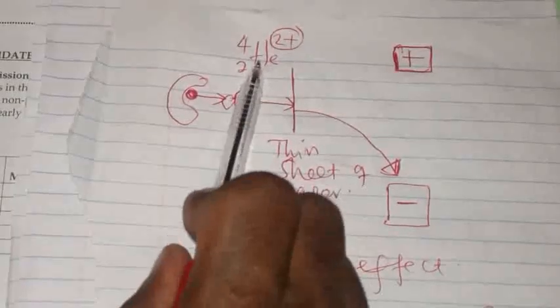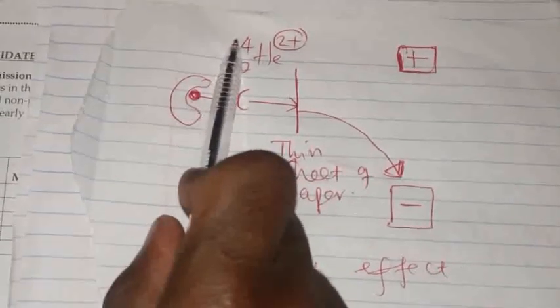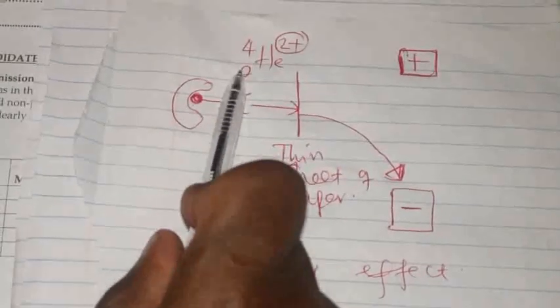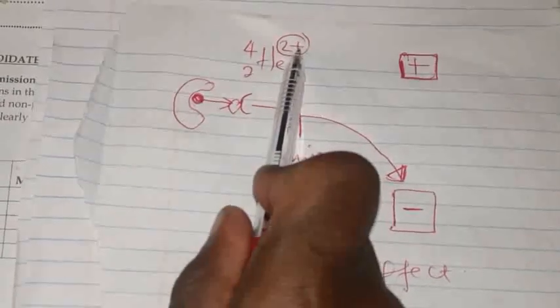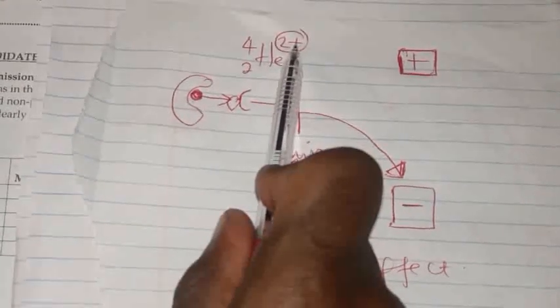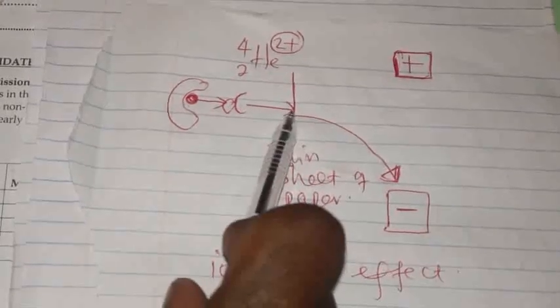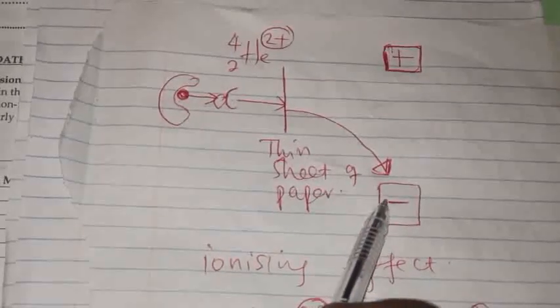So 3 properties to remember as far as alpha particles are concerned. We've said an alpha particle is a helium nuclide that has the largest mass, which is 4, of the 3 radiations, and an atomic number of 2. It has the highest charge, and it's positively charged. So when allowed to pass through an electric field, it gets deflected or attracted to the negative plate.